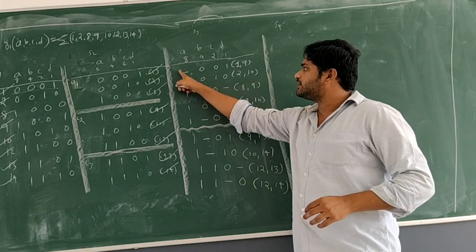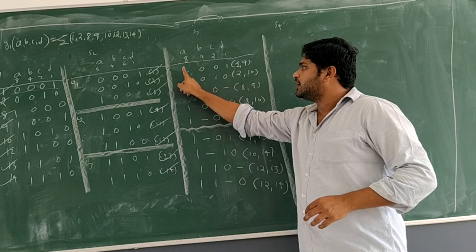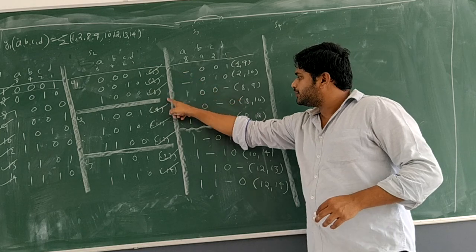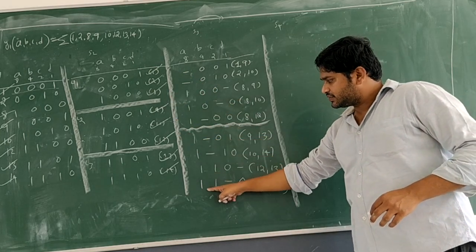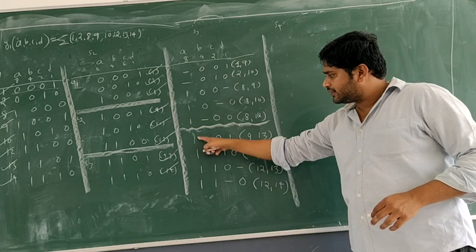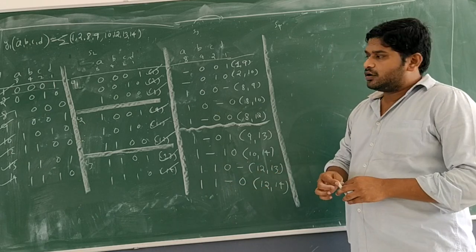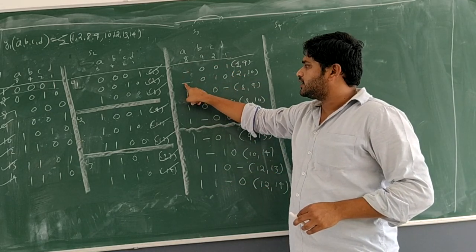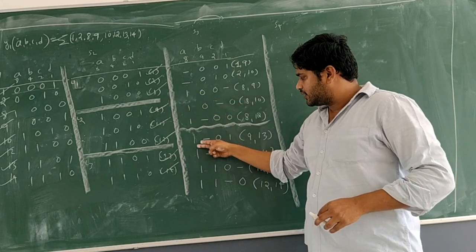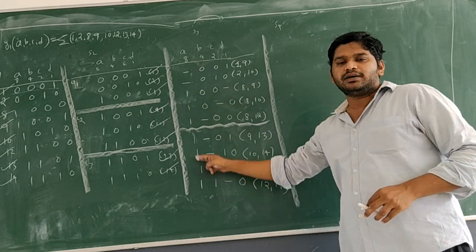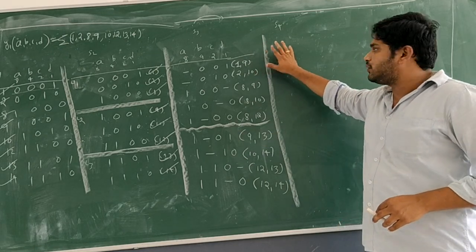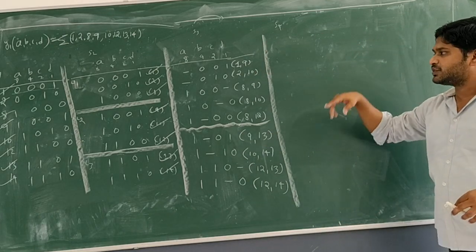See where the hyphen is here: in the A position. Don't compare with the same group; we have to compare with another set. Nowhere else is the hyphen in the A position, so these two will not contribute to the next step.